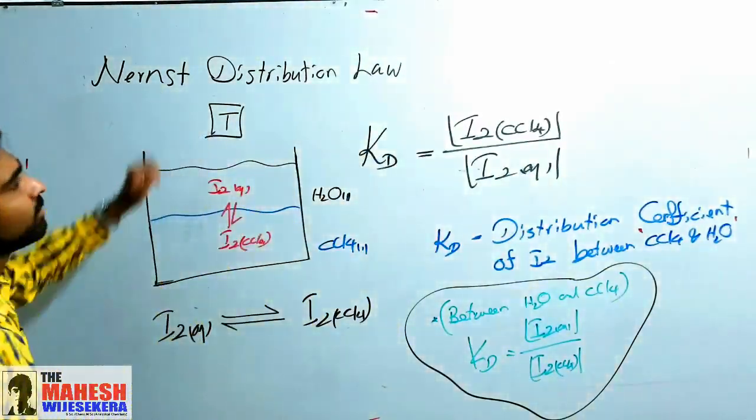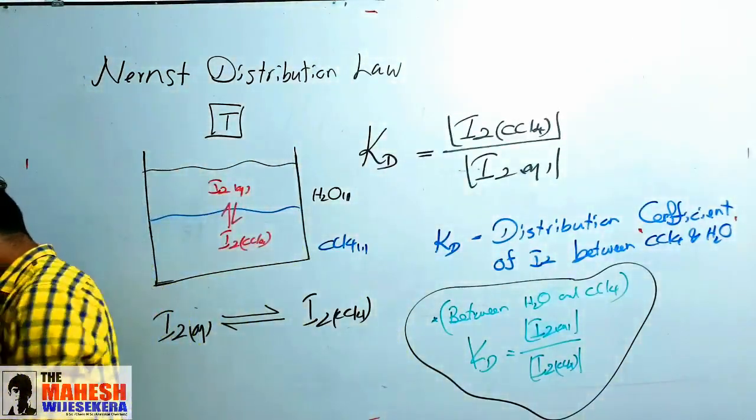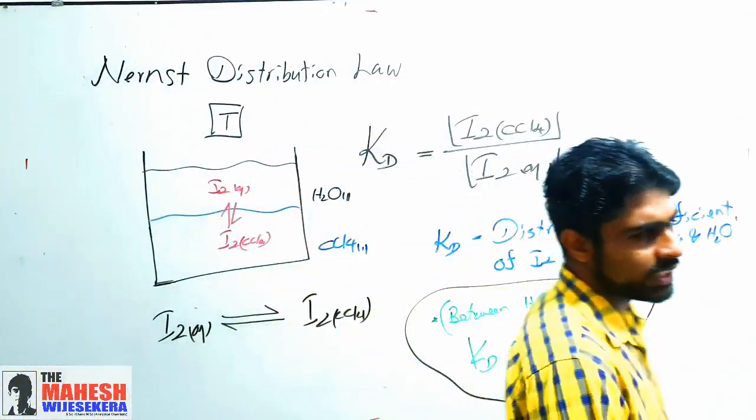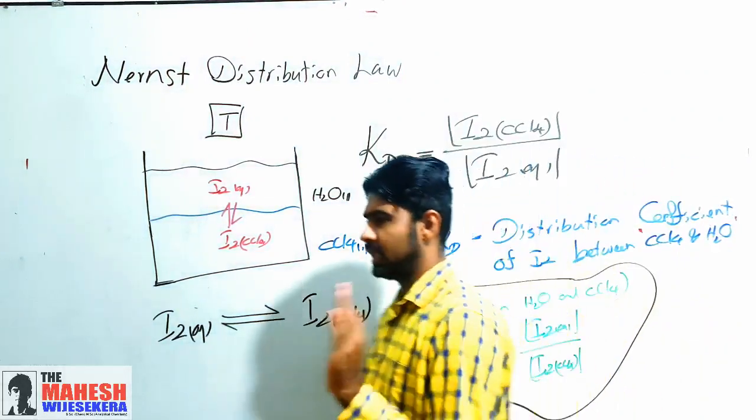Right. Write the one, Nernst distribution law. That is this, right?